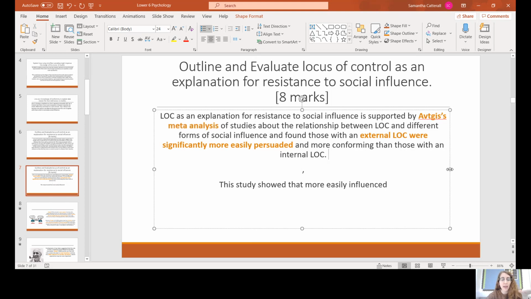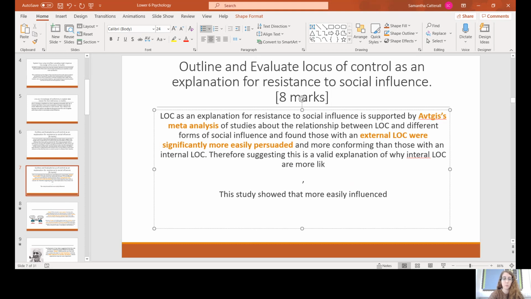And then I can't just end it there. So some of you would just end it there, and you can't do that. You've got to explain, you know, what does that actually mean in terms of the theory. So therefore suggesting this is a valid explanation of why internal locus of control are more likely to resist social influence.